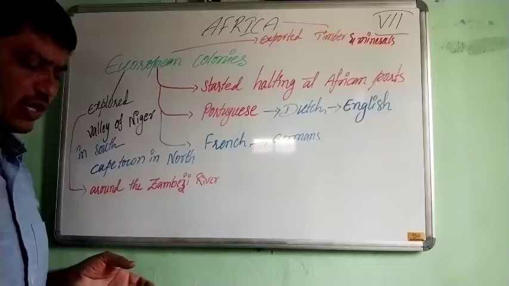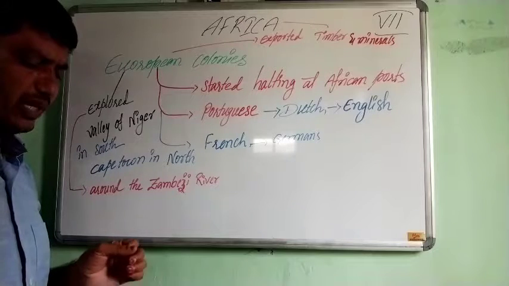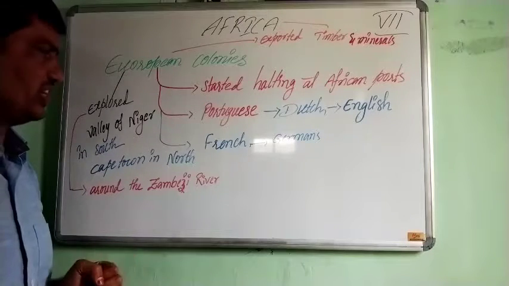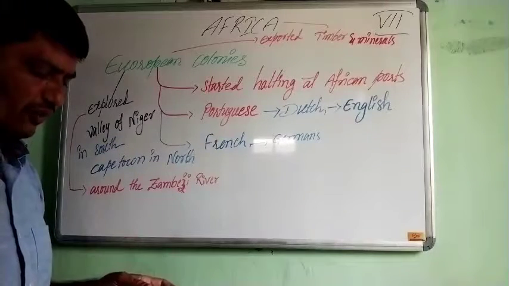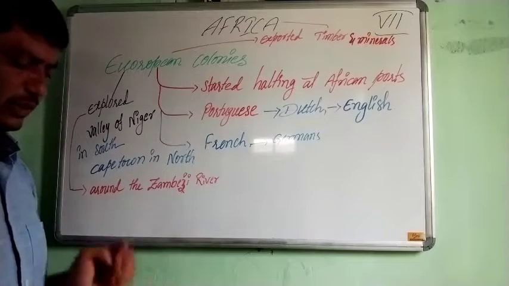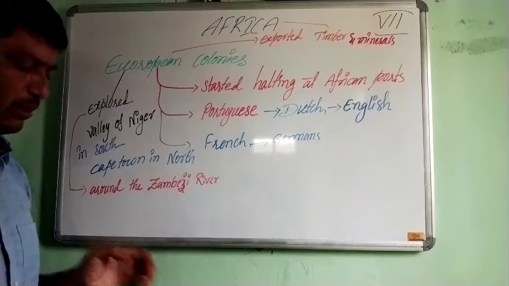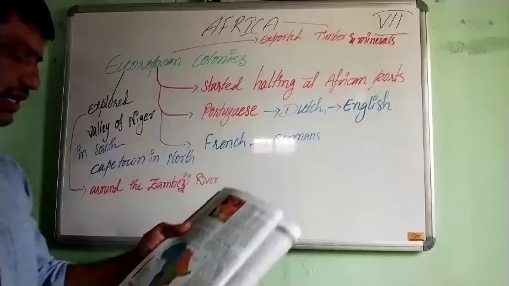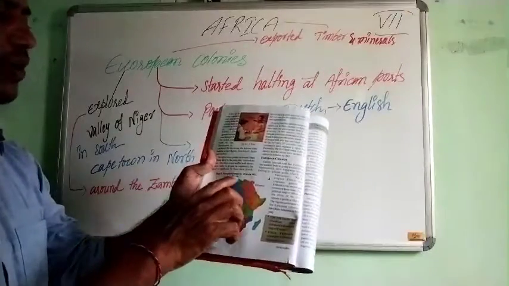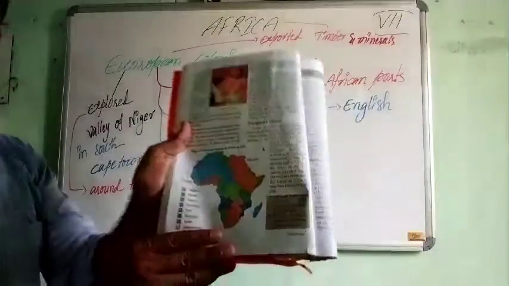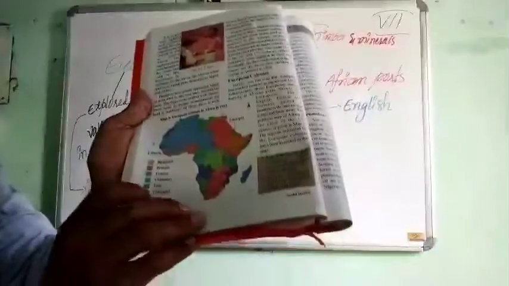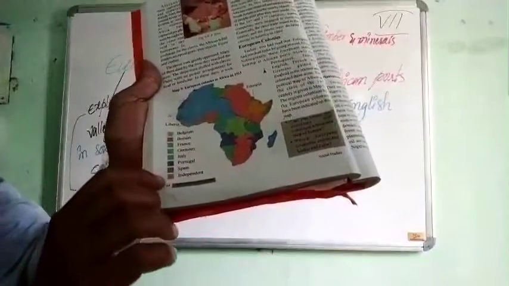The regions colonized by the Europeans have been indicated on the map in our textbook. That is map number 5. Look at European colonies in Africa. This is the index.